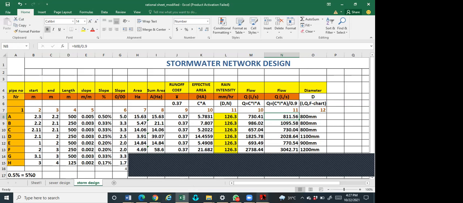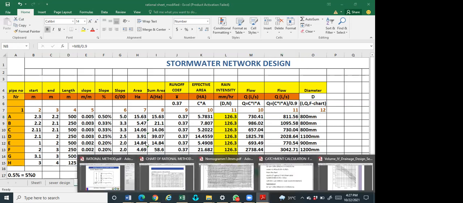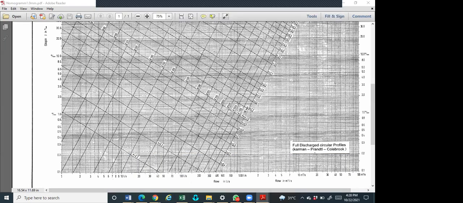So this is 800. I'll go to 800, and the slope is 5. Here is 800. I'll go to this 800 against 5.